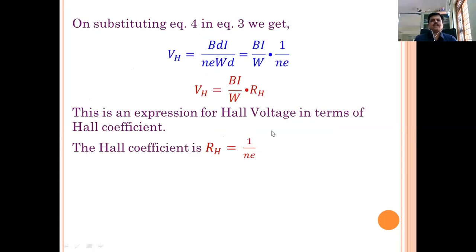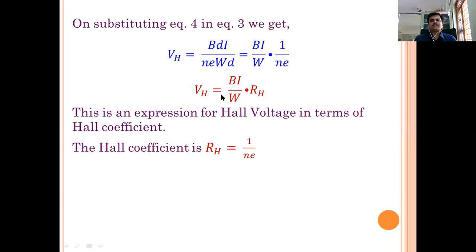Upon substituting, I get back BdI divided by n e w into d, where small d's get cancelled, and left with VH equals to BI by w into, I take out 1 by ne outside, and I write this 1 by ne as RH. Hence, the Hall voltage expression will be written as VH equals to BI by w into RH.